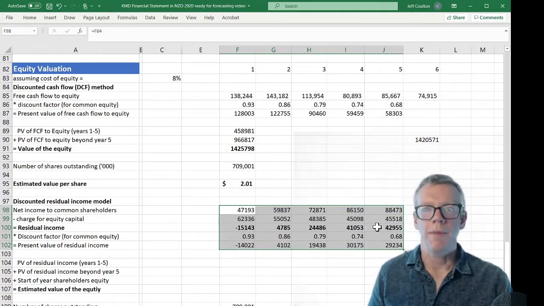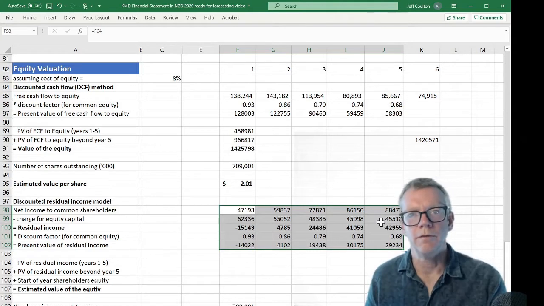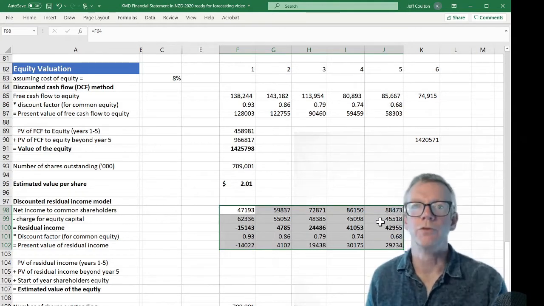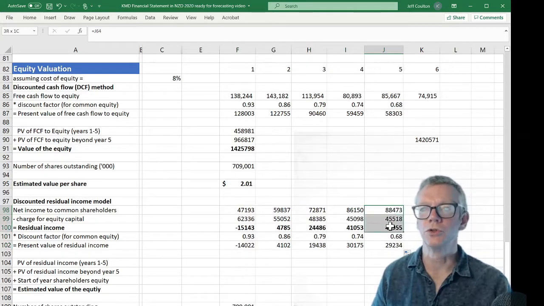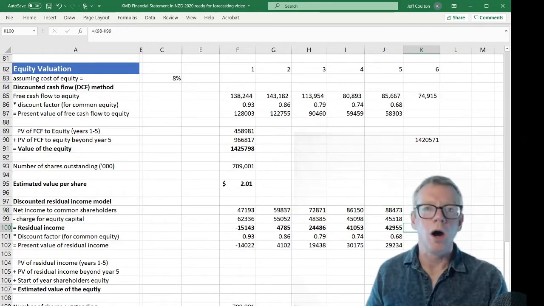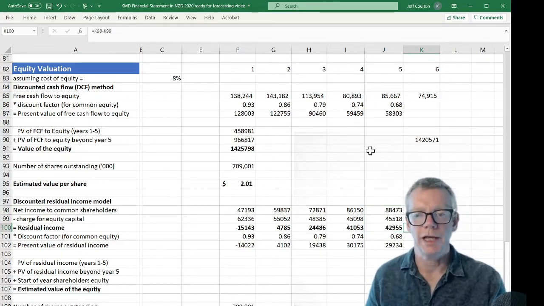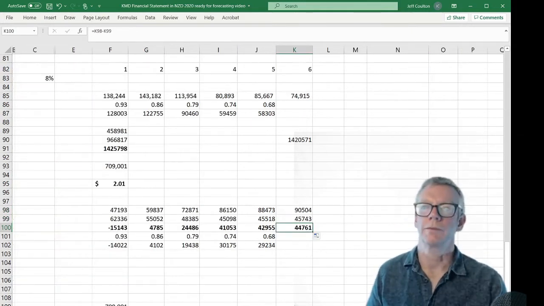I then, matching what we were doing previously, need to get the value and then the present value of residual income beyond year 5. So to do that, I still need residual income in year 6. That's our starting point. I'll do this the same way that we did the free cash flow up above. Let me just move the screen over so you can follow what I'm doing.